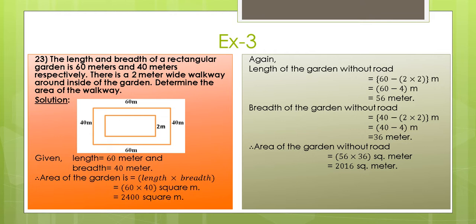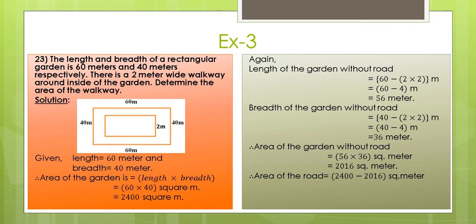So generally you can now understand that if we subtract the area of the garden without road from the total area of the garden, we can find the area of the road, as the question asks us to determine.